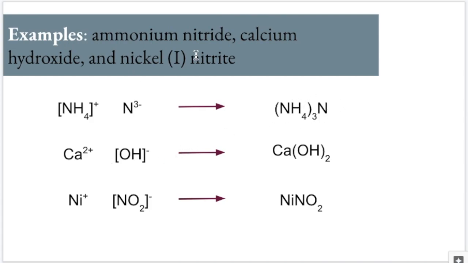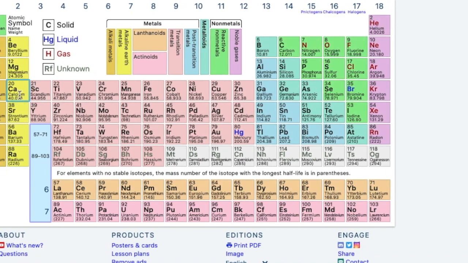For the next one, calcium hydroxide. Calcium is just the name of an atom on the periodic table, so I will just put in calcium. If I look at a periodic table, here is calcium.